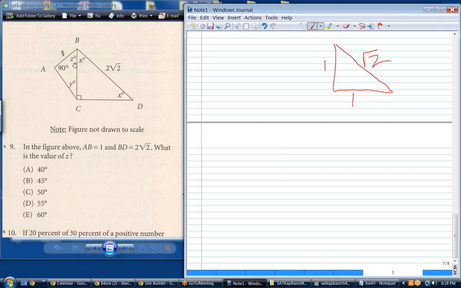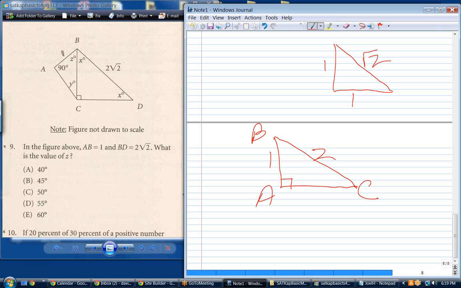If I orient this ABC triangle like this, I know it's a right triangle because this is the 90 degree. Here's A, here's B, here's C, and I know that this is 2, and this is 1. Do I know what kind of triangle this is? It's one of those special triangles. What is it?